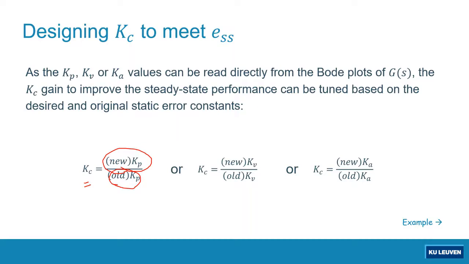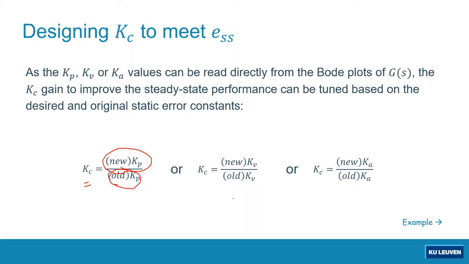Same thing if I have a type 1 system with an old Kv and a requirement to improve to a new Kv: I just introduce a proportional controller with a gain Kc, where Kc is the ratio of the desired Kv to the original Kv.